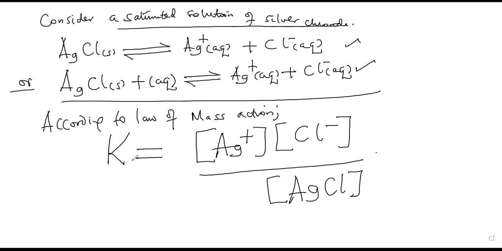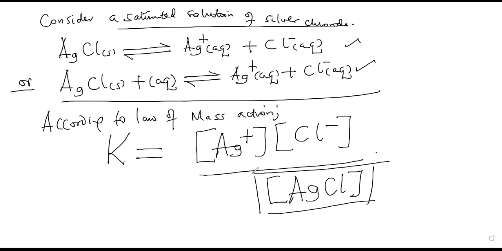This is equal to a constant, the ratio of the concentration of the products over the concentration of the reactants gives us a constant. Now, since the concentration of an unionized solid does not change with time, I want to show you how this one gets eliminated, because in our final expression we shouldn't have this.